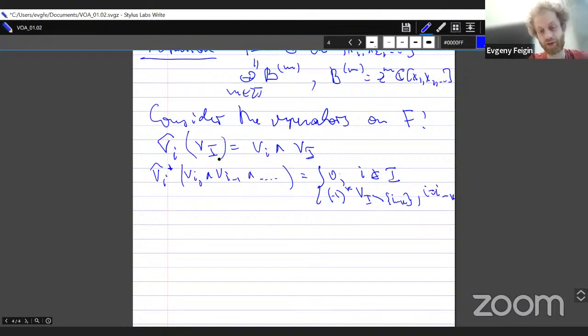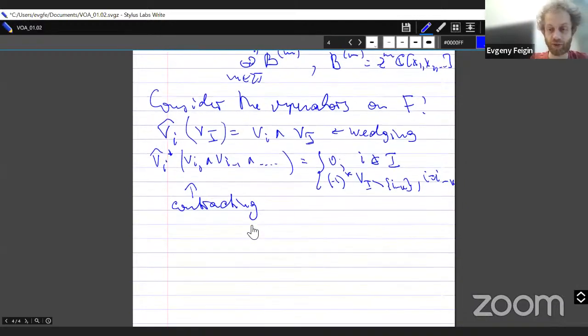So the first is a kind of wedging operator, and this is the contracting operator. These are two operators acting on our vector space. Now the question is, what algebra do they form?